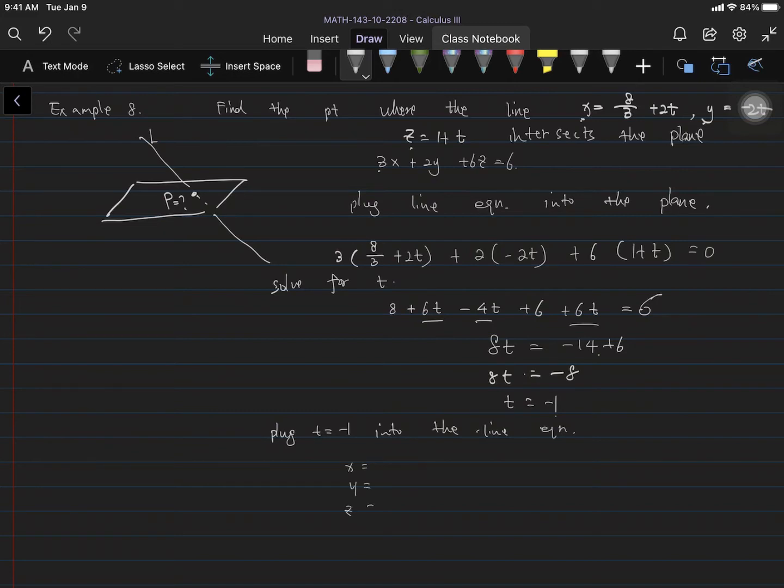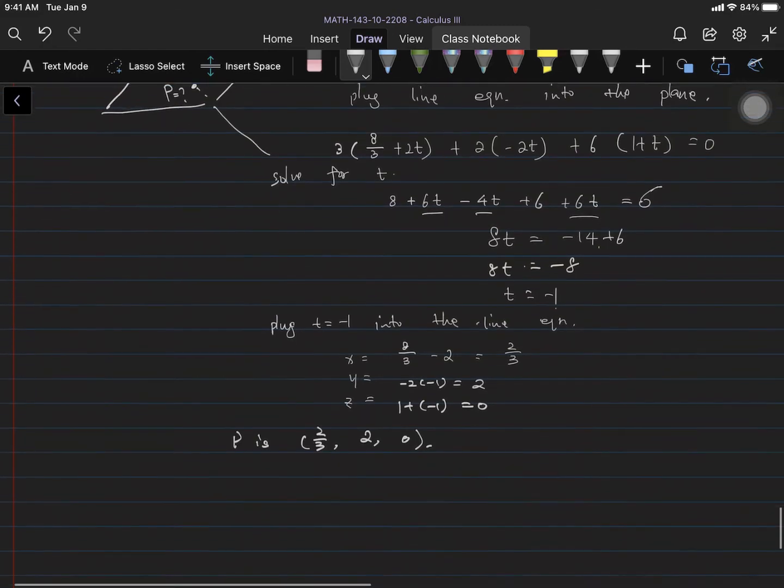So that's the point. x equals this one minus 2, which is 2/3, and y equals -2t, negative 2 times negative 1, so it should be 2. z equals 1 plus t, 1 plus negative 1, which is 0. So the point is 2/3, 2, and 0.